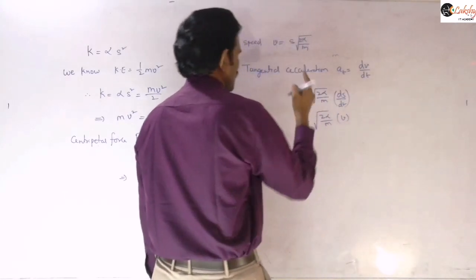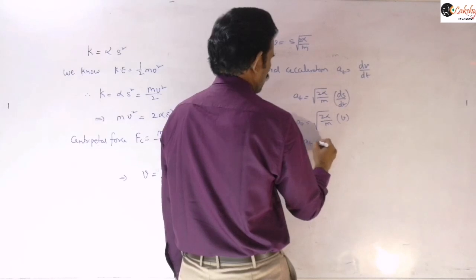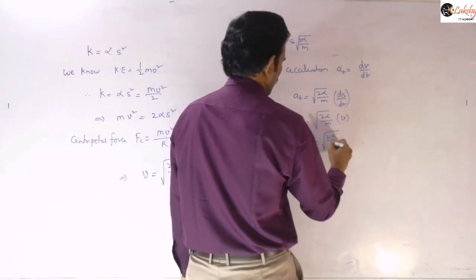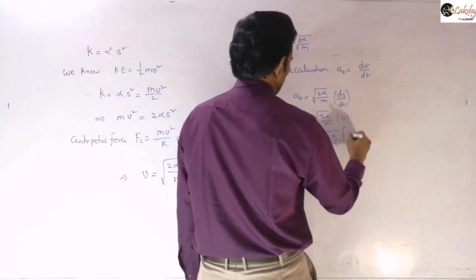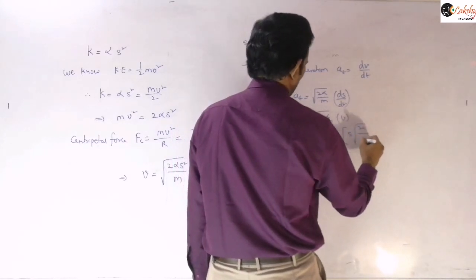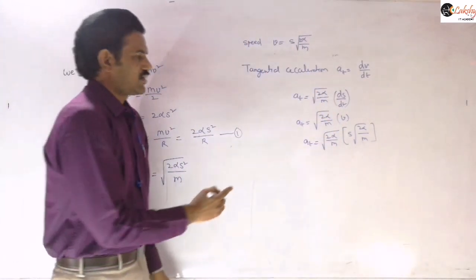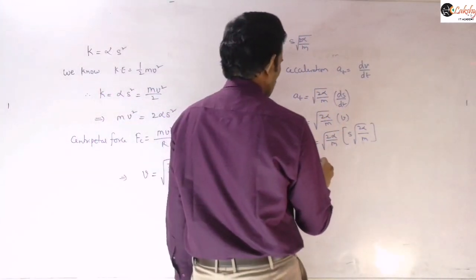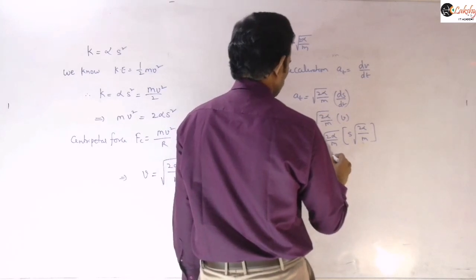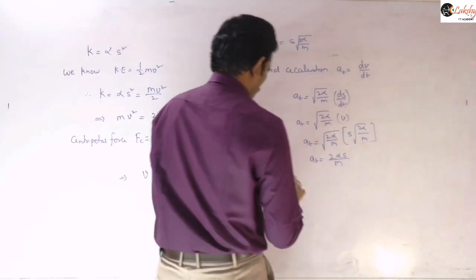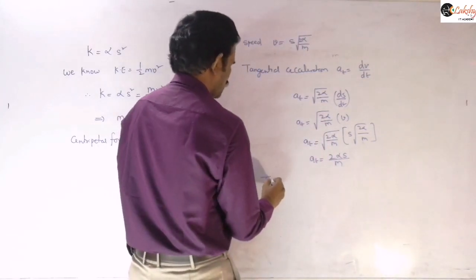And now for v, again you can substitute that expression there. Therefore at is equal to under root of 2 alpha by m into s into under root of 2 alpha by m. So by using this equation here, right? And so therefore finally we can write at is equal to 2 alpha into s by m. And so now our tangential force we need to write here.